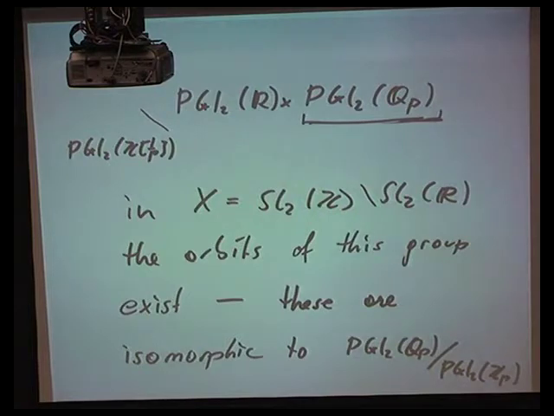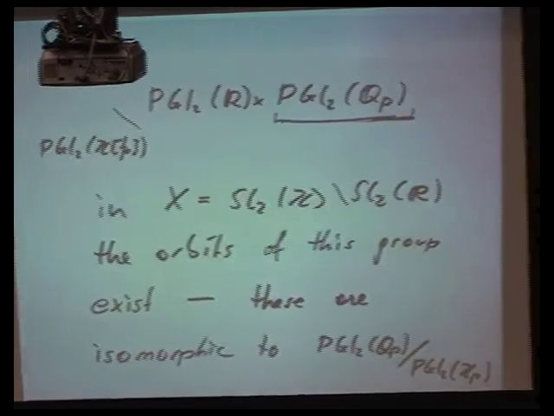And this is the reason why we want to look at that space, at that quotient space, PGL2QP mod PGL2CP. You should think of this as the periodic analog of the hyperbolic plane.